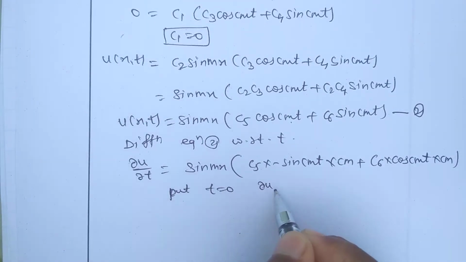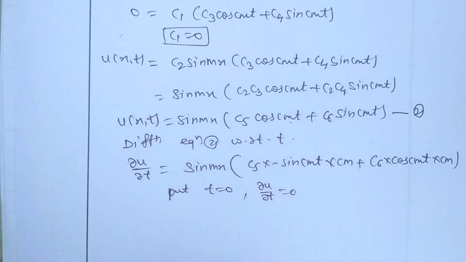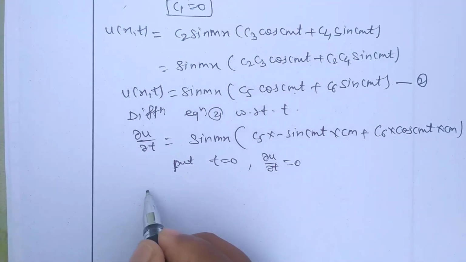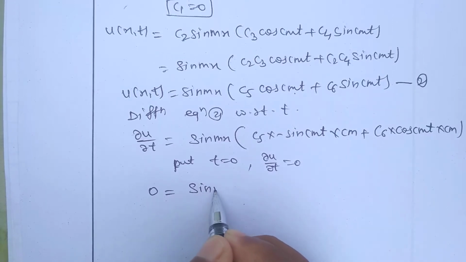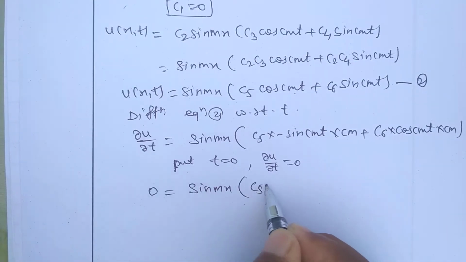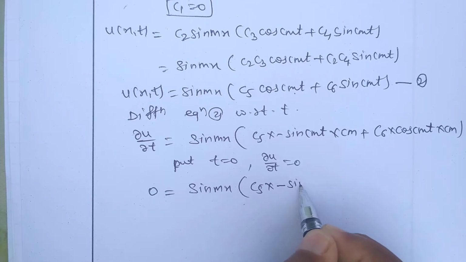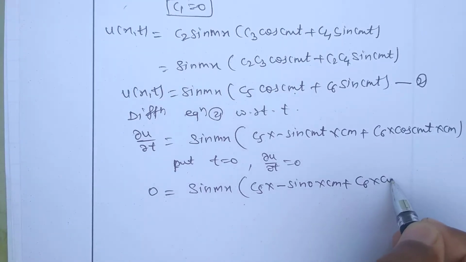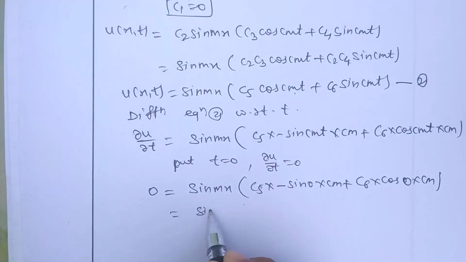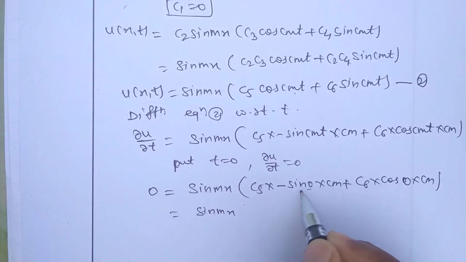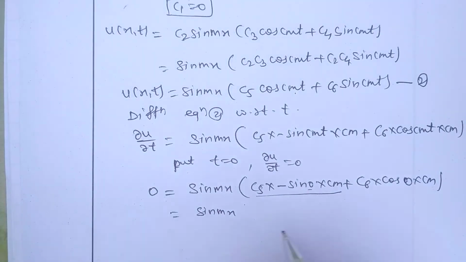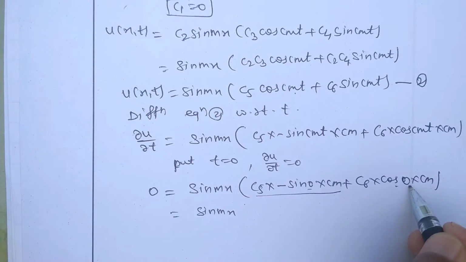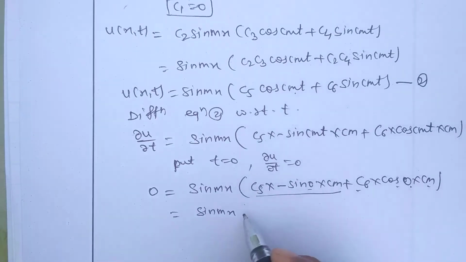We get ∂u/∂t is also 0 at t = 0, that means the left hand side is 0. So 0 = sin mx (c5 (−sin 0) cm + c6 cos 0 cm). Sin 0 is 0, so this whole term becomes 0, and cos 0 is 1, so we get c6 cm.